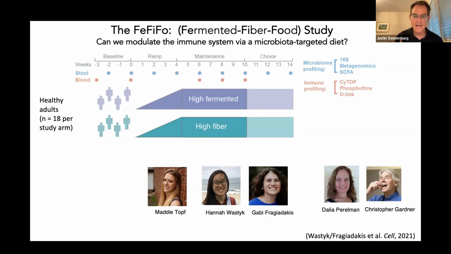The study was basically to take two groups of healthy adults, give them either a diet high in fermented foods or high in fiber foods, and survey their microbiome and their blood, their immune system, over the course of several weeks, and then perform microbiome and immune profiling at the end of the study.